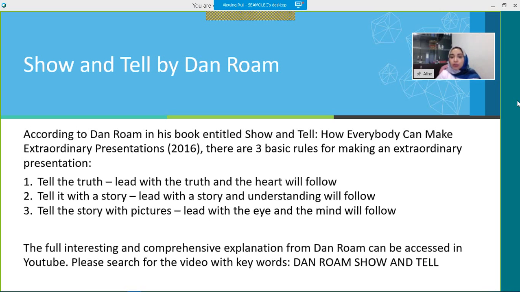In his book, Dan Rome also emphasized that visualization plays an important role in presentation. That's why he used pictures in the story, because he believed that visualization is the oldest technology. Thousands of years ago, our ancient ancestors recorded their stories on the walls of caves. They drew horses, tigers, rhinos, people.